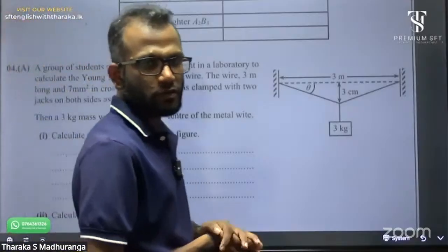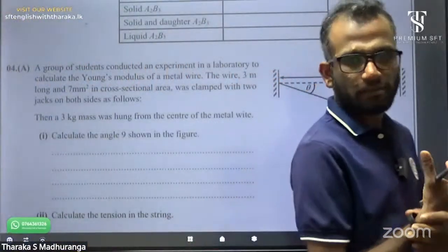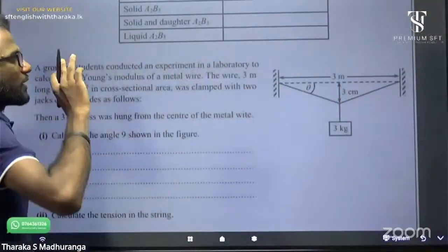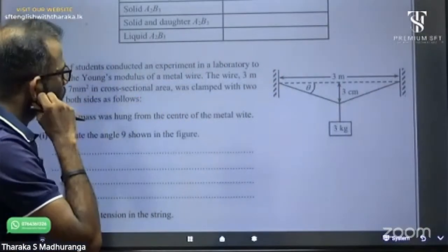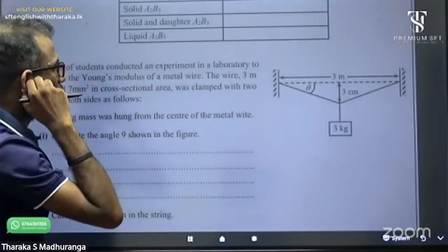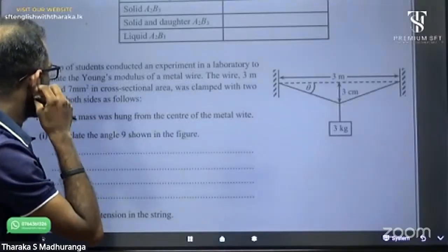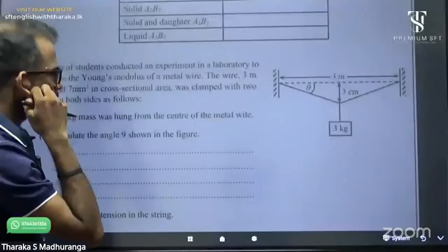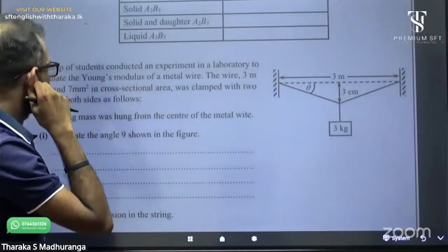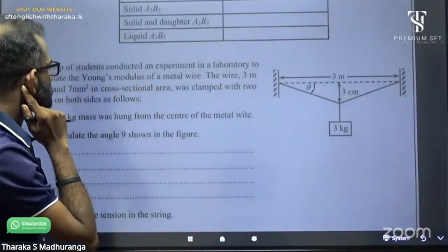That one also is based on some practical component, but these questions you can answer without full practical knowledge. The wire, 3-meter length and 7 square millimeter cross section area, was clamped with 2 jacks on both sides as follows.